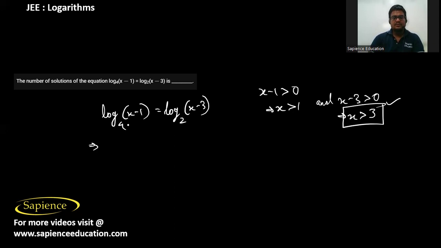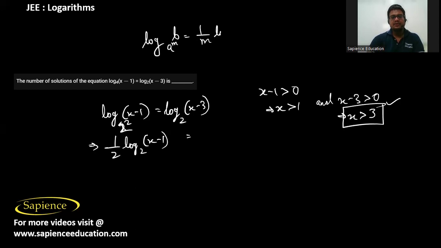So therefore now we can write this as 1 by 2 log of (x minus 1) base 2, since 4 I can write as 2 square. The rule is that log b base a power m is equal to 1 by m log b base a.